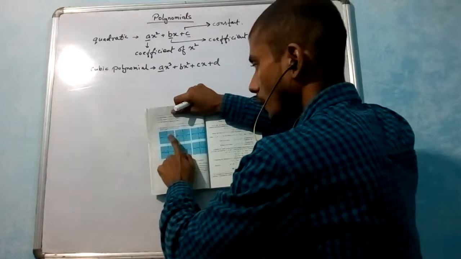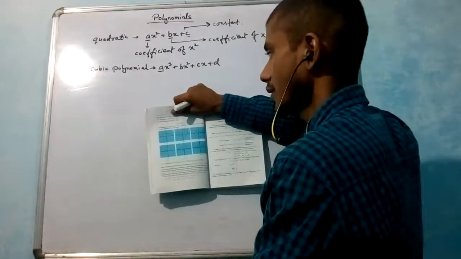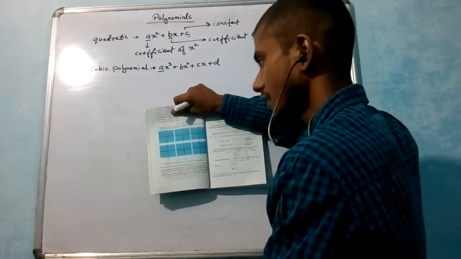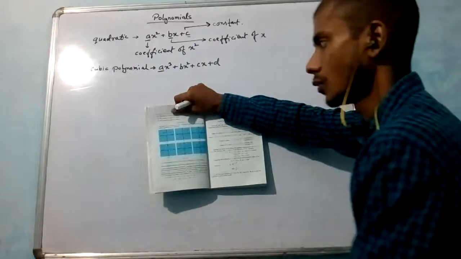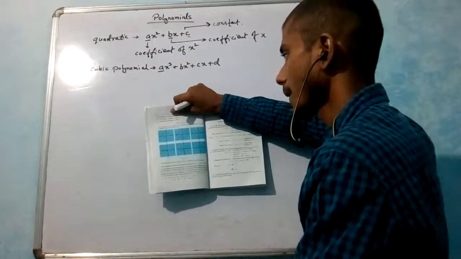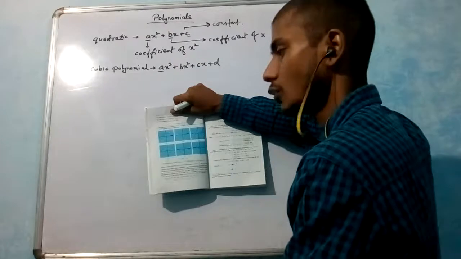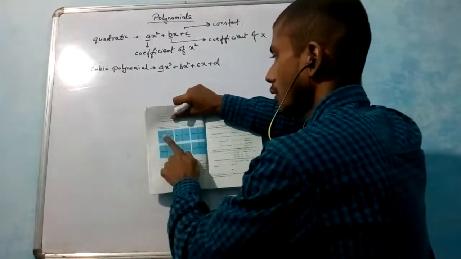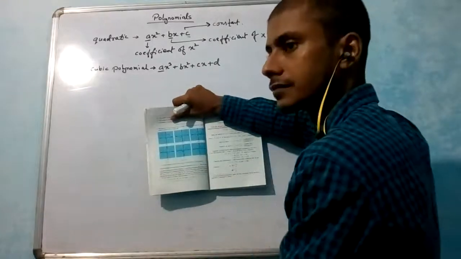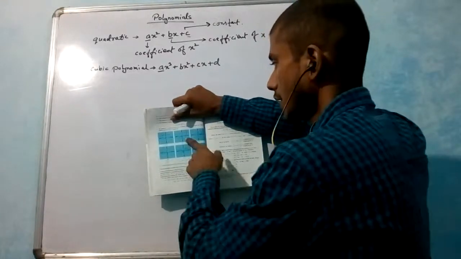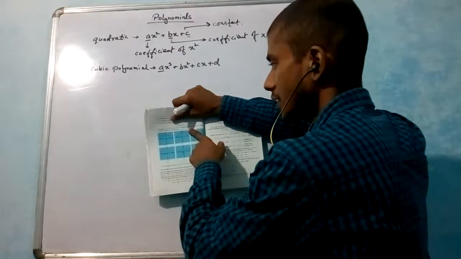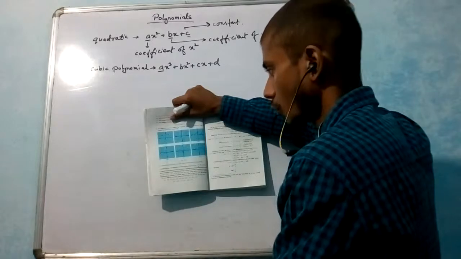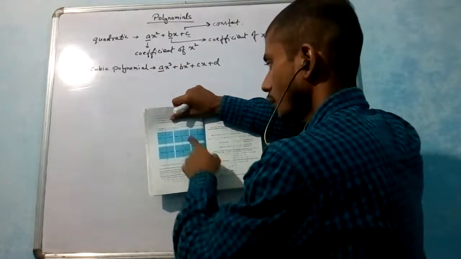It is not intersected by the x-axis, so how many zeros? No zero. We cannot have any zero for this. In the second case, at how many places is it intersected by the x-axis? One place. So we can have 1 zero for this.